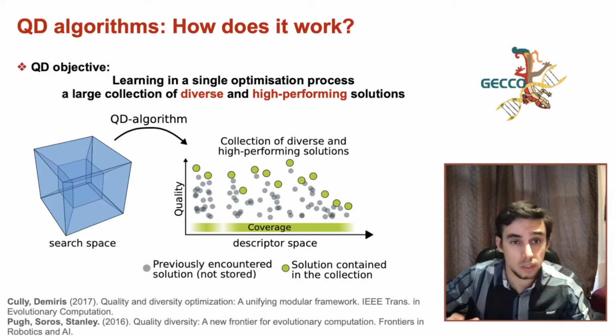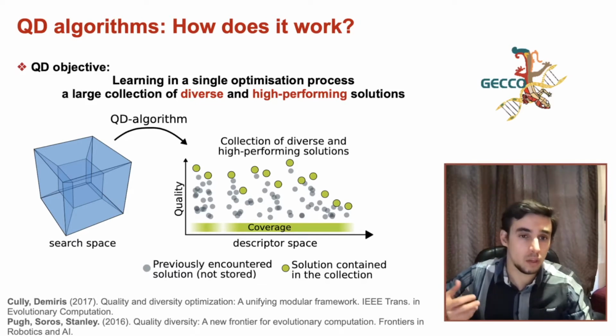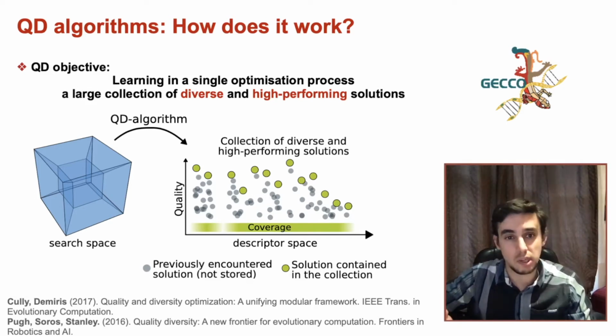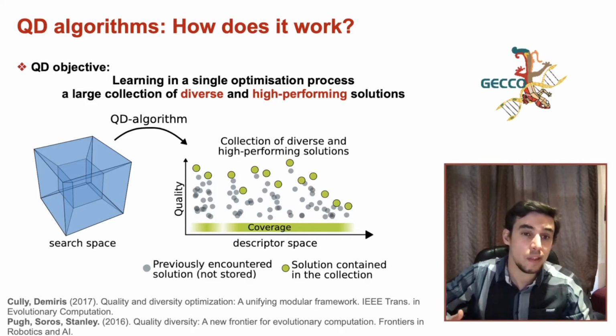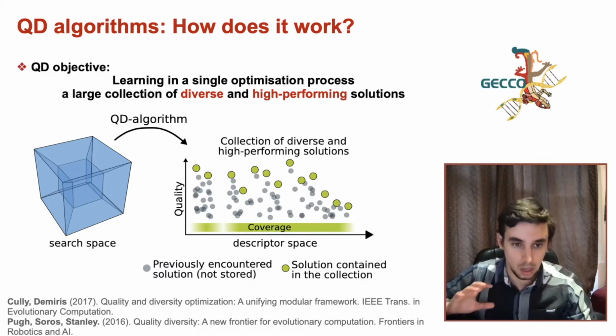The goal of quality diversity is to learn, in a single optimization process, a large collection of diverse and high-performing solutions. Like most optimization algorithms, quality diversity algorithms start from a high-dimensional search space, very similar to the traditional genotypic space. Then quality diversity will try to project this high-dimensional space into a collection of diverse and high-performing solutions.